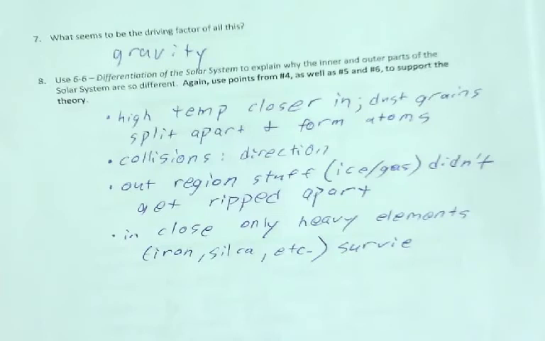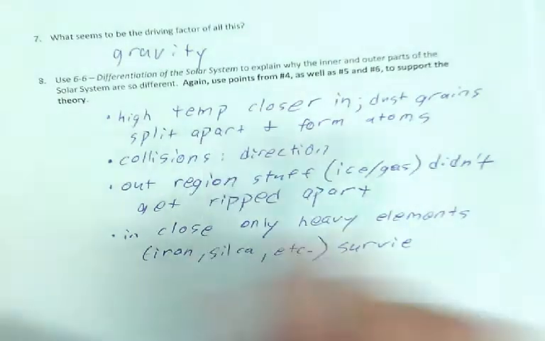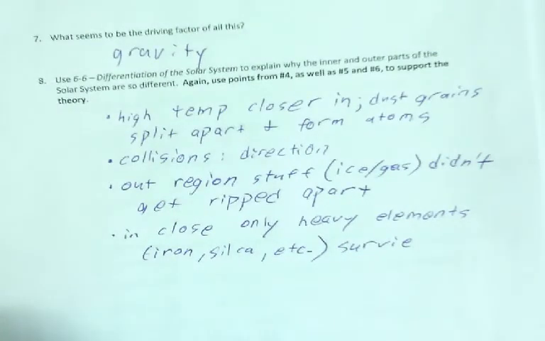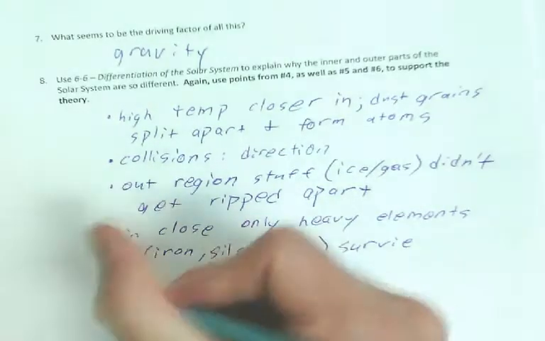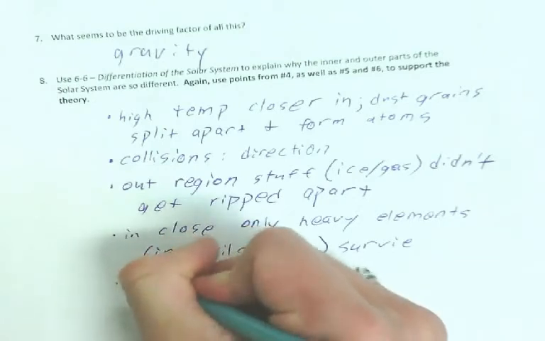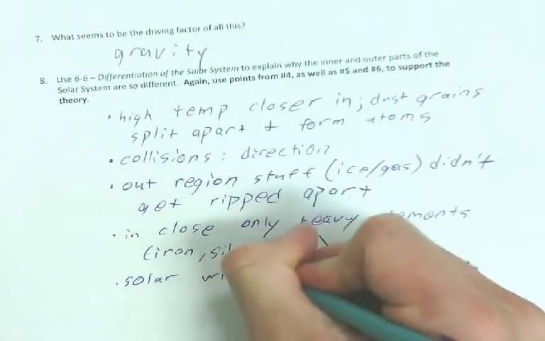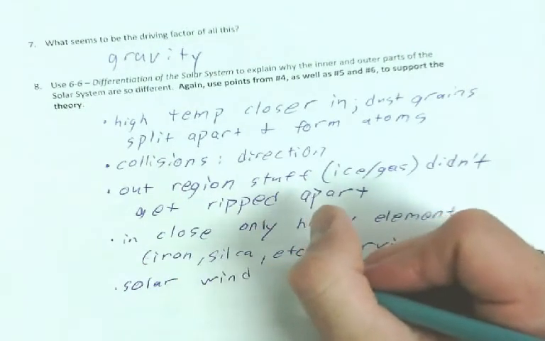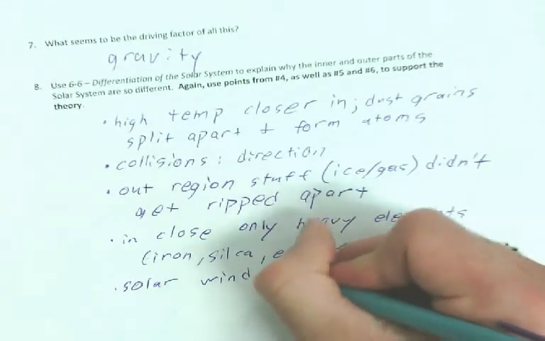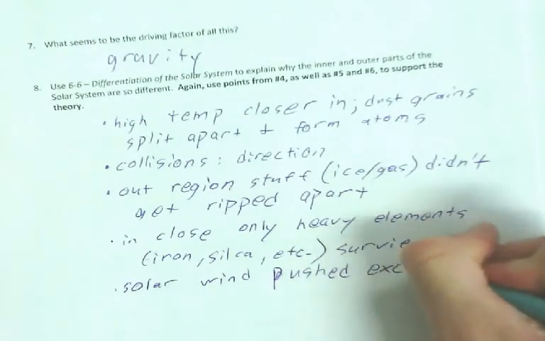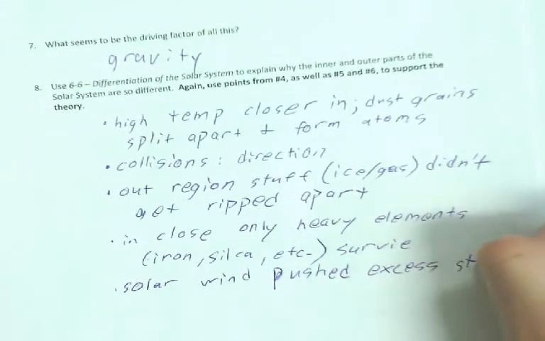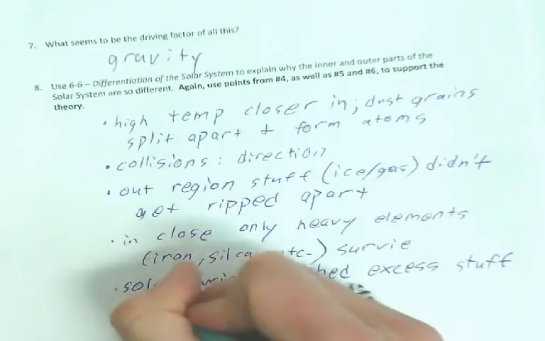Survive's not quite the right word, but it is the word used by a lot of astronomers. That's the stuff that wasn't getting ripped apart. That helps us understand the formation of the solar system. And the reason we don't still see the other stuff is because the solar wind pushed excess stuff to the edge of the solar system.